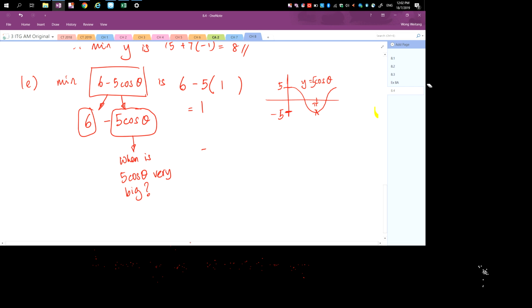Because you want the minimum of 6 minus 5 cosine theta, so you want to subtract a very big number so that you end up with a small answer. When is it very big? It is when cosine theta is equal to 1. Therefore, 5 cosine theta is 5. So 6 minus 5 is 1. That's 1e.